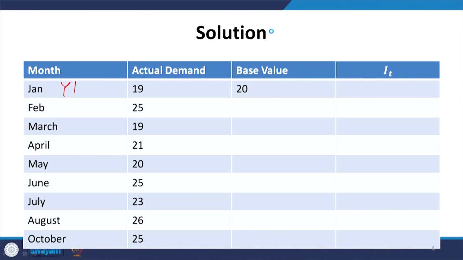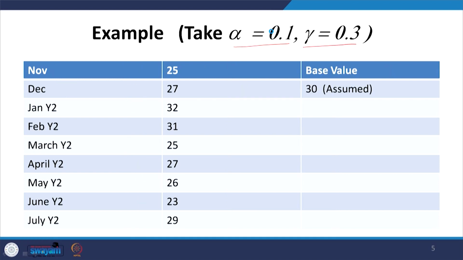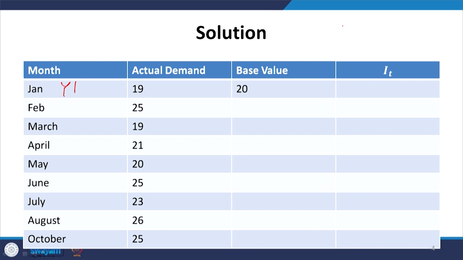Here we have the demand available from January of year 1 to December of year 1. Now, we will take the average of year 1 demand. So, that will be sigma of demand January to December divided by 12.